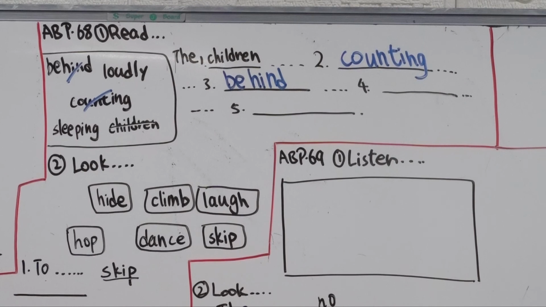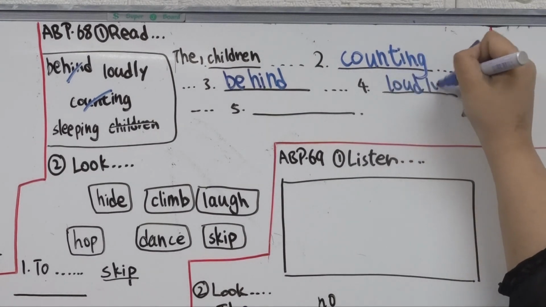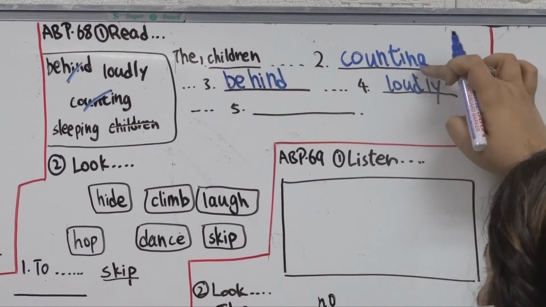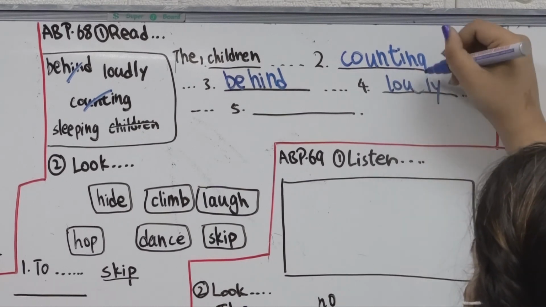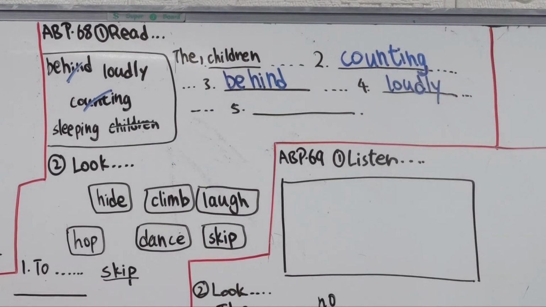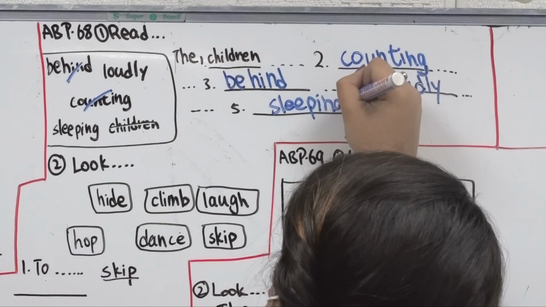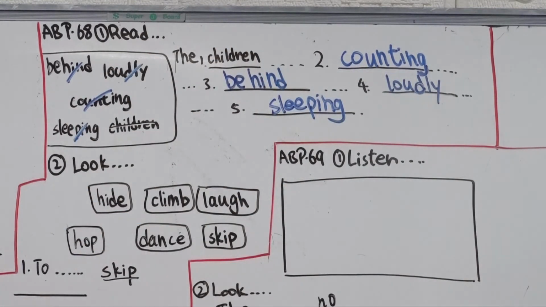Mary finds Julia because Julia is laughing loudly. They can't find Sally. Then Mary finds Sally. She is sleeping. Okay.